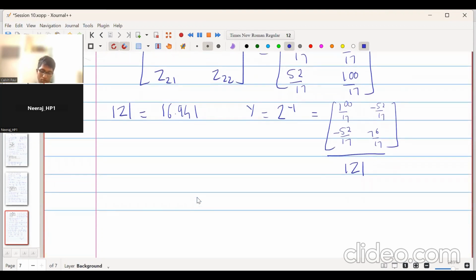So if you calculate, you will get the required values. Can you calculate and tell what will be the value of Y11?